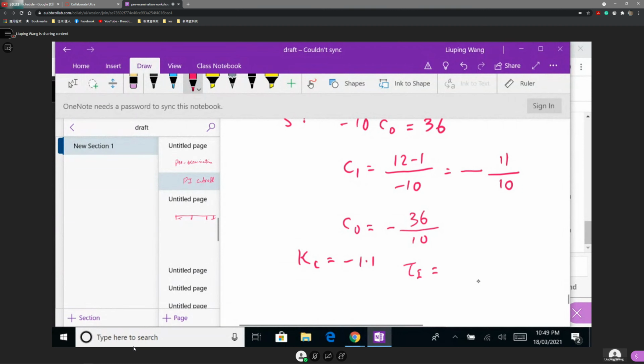Tau I equal to C0 over C1, equal to minus 36 over minus 11, and so this cancels. So it's positive.